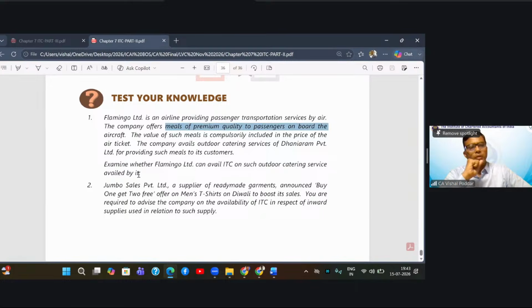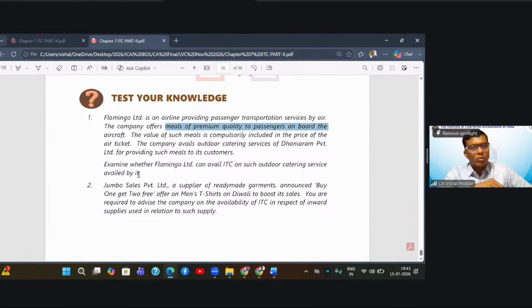Now comes the crucial point. The crucial point is that when all section 16 conditions are satisfied, your answer should be yes, credit is available. But there is one challenge. The challenge is section 17(5), which is the block credit. In block credit, section 17(5), in clause (b), you have a blocked credit which is of this same inward service, which is outdoor catering service.